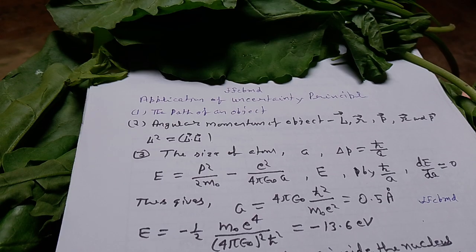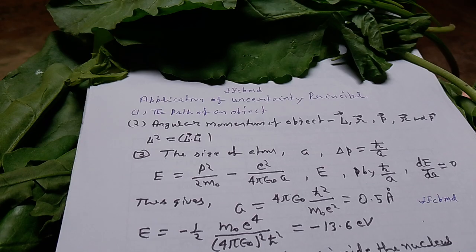Such knowledge is not permitted by the uncertainty principle. Hence, the path or the orbit of an object in quantum physics is not defined. This invalidates Bohr's theory of the hydrogen atom, which assigns position and velocity simultaneously to the orbiting electron.